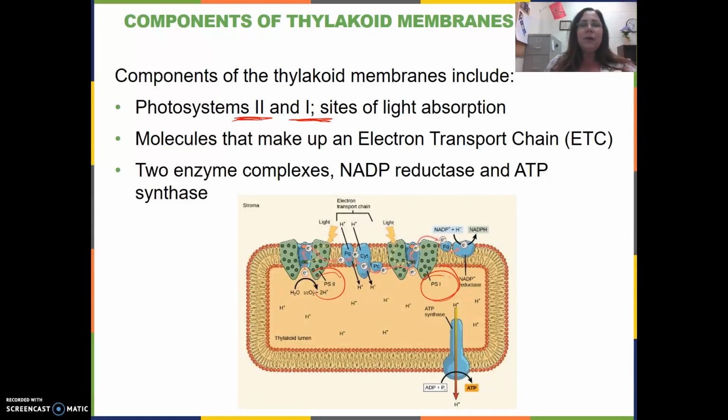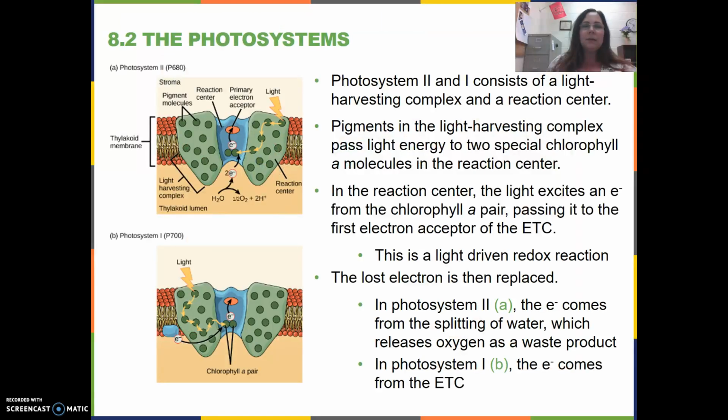Any photosystem, whether it's photosystem 2 or 1, consists of a light harvesting complex. That just means a bunch of pigment molecules. And then the reaction center is a specific pigment molecule. It's a chlorophyll A molecule.